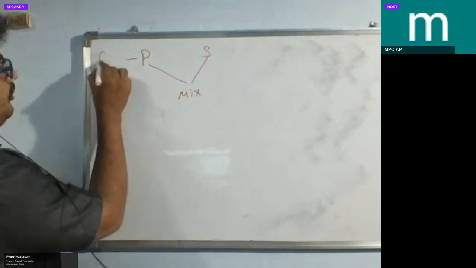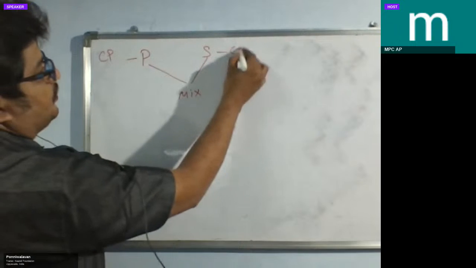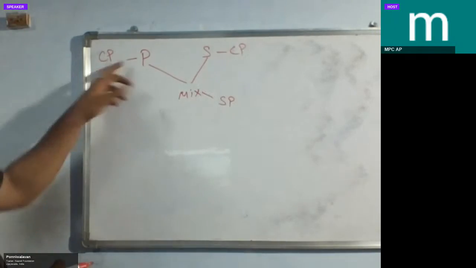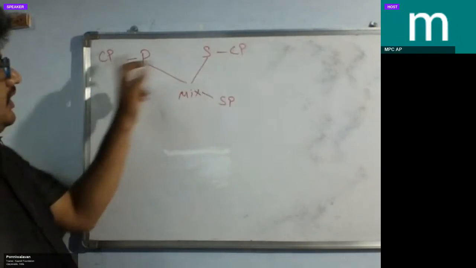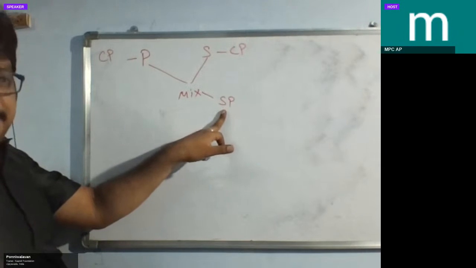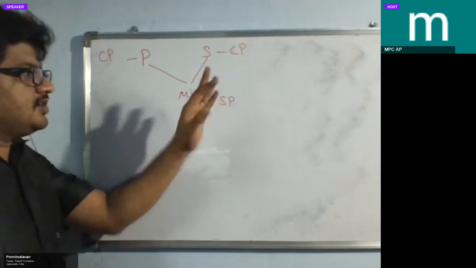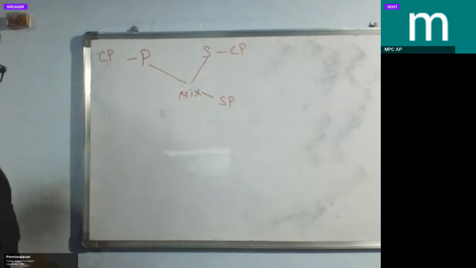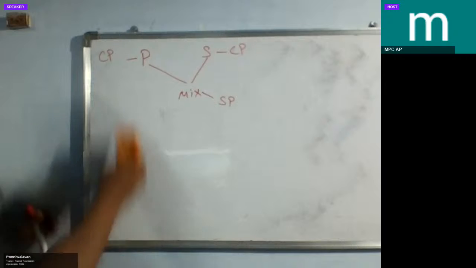For these we know the cost price, but here we know only the selling price, right? So first find the cost price of the mixture.